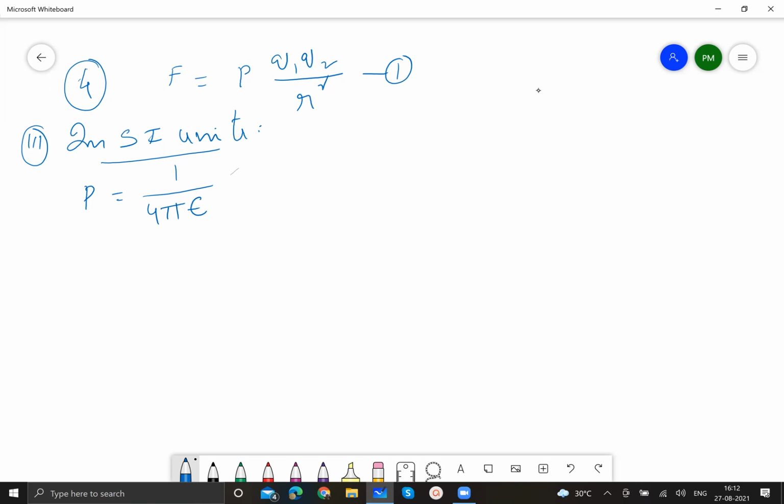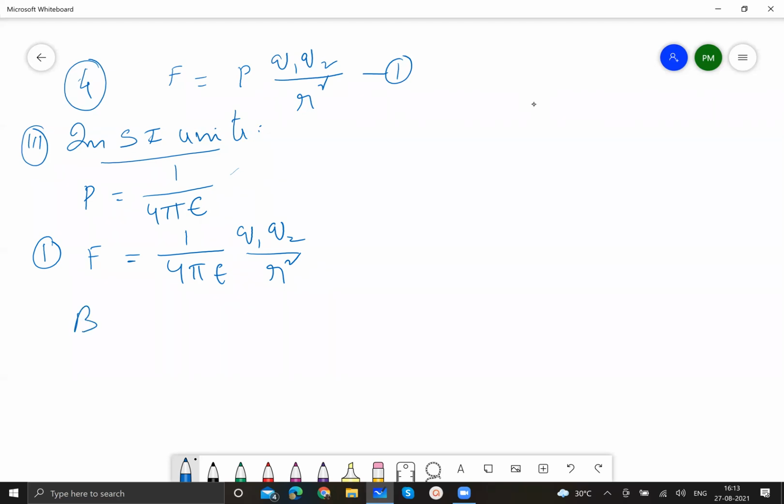So in SI units, P will be 1 by 4 pi epsilon 0 in medium, of course. So the electrostatic force of repulsion or attraction between the 2 point electric charges will now become 1 by 4 pi epsilon into Q1 Q2 by R square.